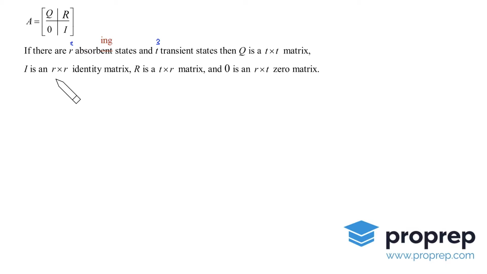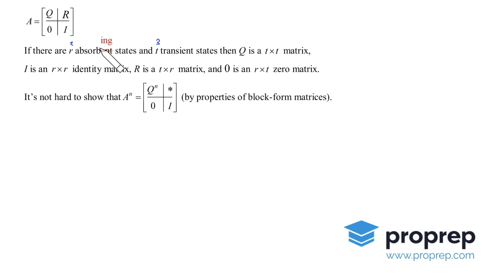I is a 2 by 2 identity matrix. R is a 3 by 2 matrix, and this here is just a matrix of zeros, r by t, which is a 2 rows, 3 columns matrix.